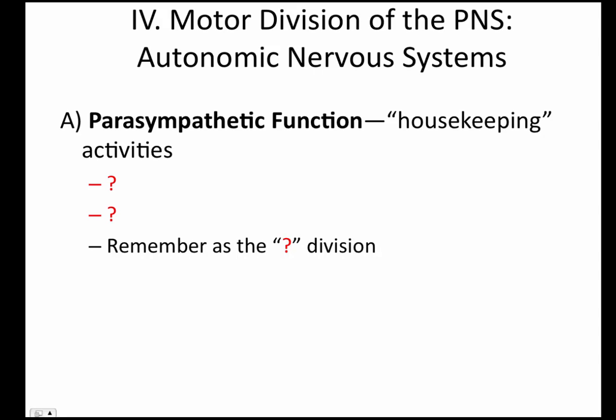Okay, so we're going to do a little review of this parasympathetic nervous system. And we know this as housekeeping activities because it conserves energy. It also maintains the daily necessary body functions.